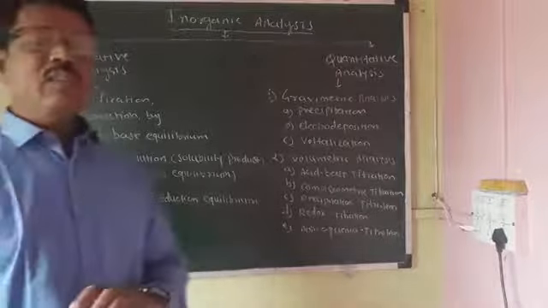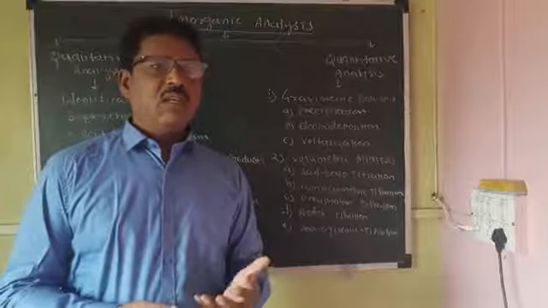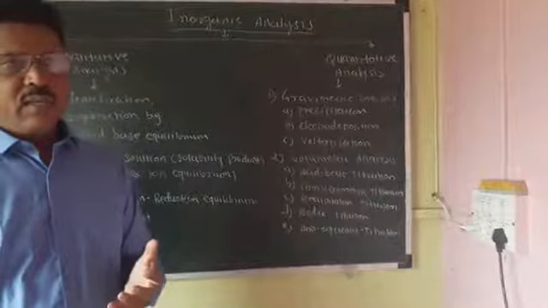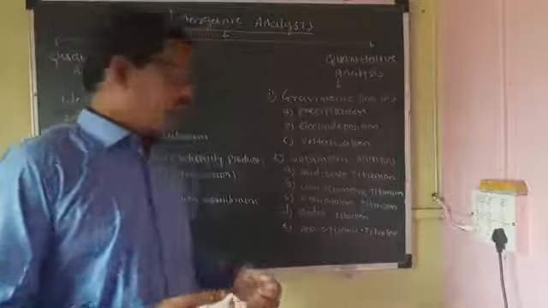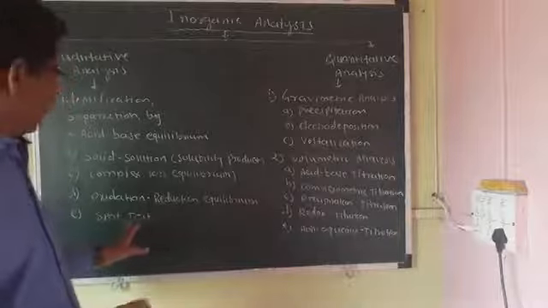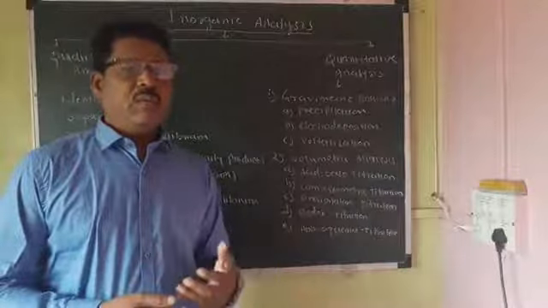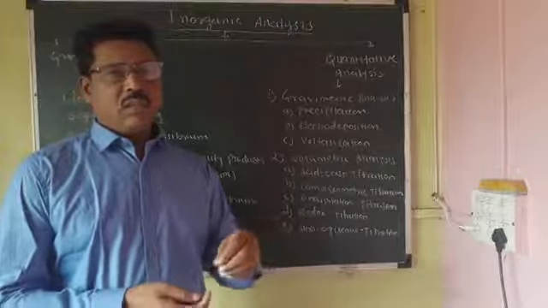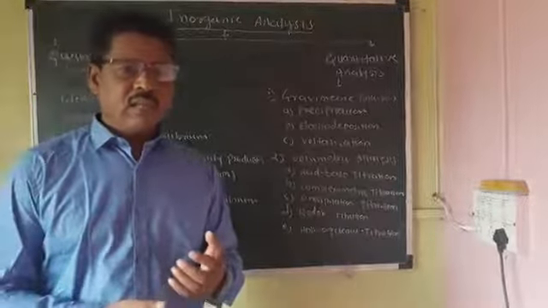And last, the point is the spot test. In spot test, we have to use different types of reagents, like inorganic reagents as well as organic reagents, for the identification of cations and anions radicals. The organic reagent is used in both types, liquid state or solid. Liquid state means you take the solution in a test tube or plates for the identification of cations and anions.